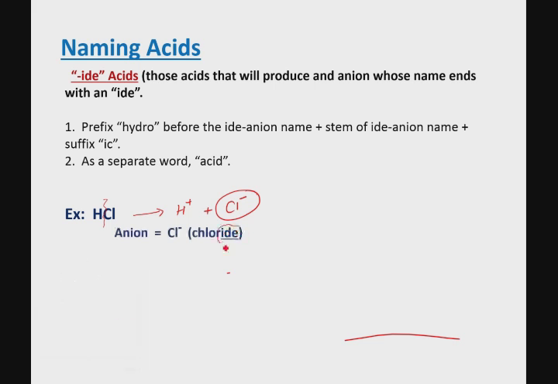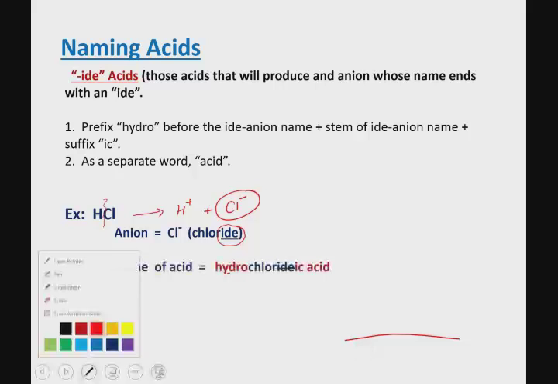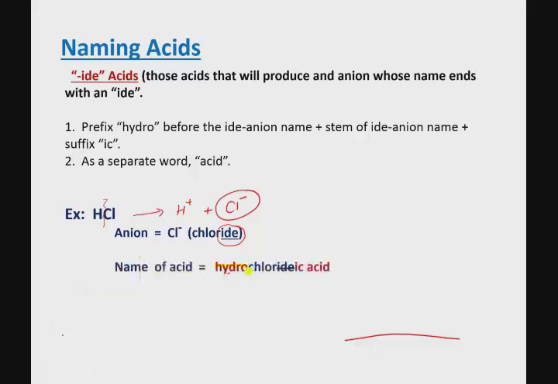Since the name of the anion ends with an "-ide", the acid falls under this category. So we start with the name of the anion, attach the prefix hydro, replace the "-ide" with "-ic", and add a separate word, acid. So Cl minus is chloride, but HCl is hydrochloric acid.